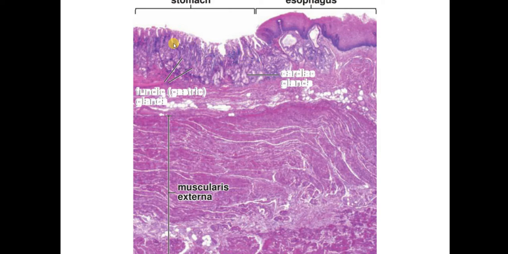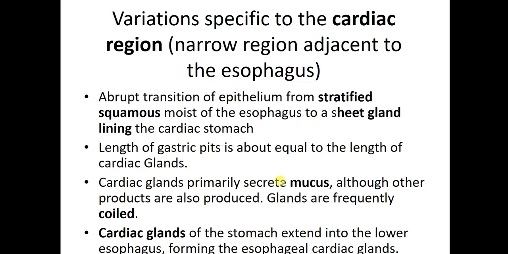So gastric pits are very long. Here is the gastric pit, and below it the gastric gland. They are very long because their aim is to prevent aggression of the stomach juice to the glands. Then cardiac glands primarily secrete mucus, although other products are also produced.